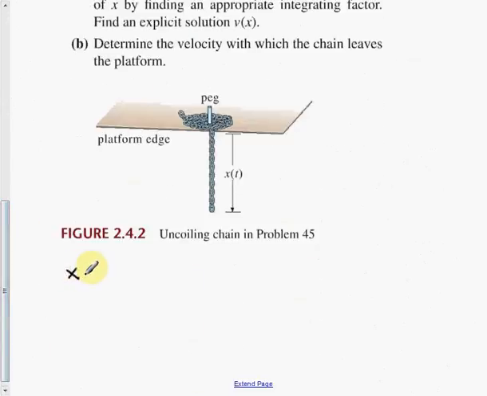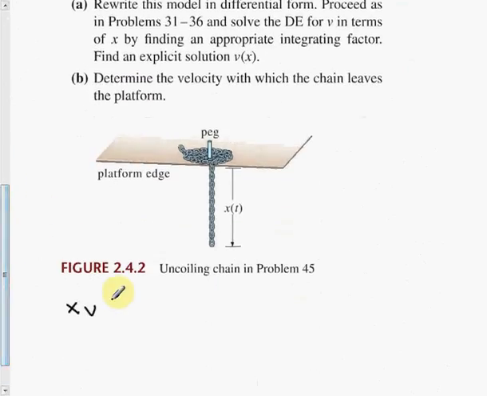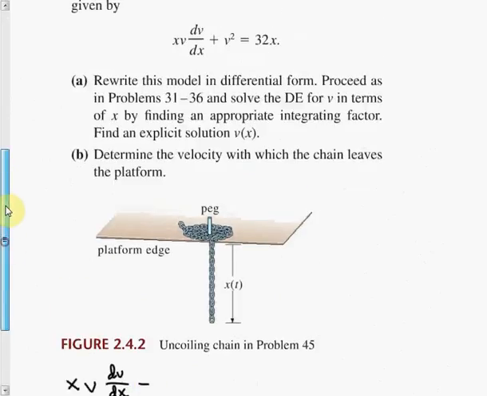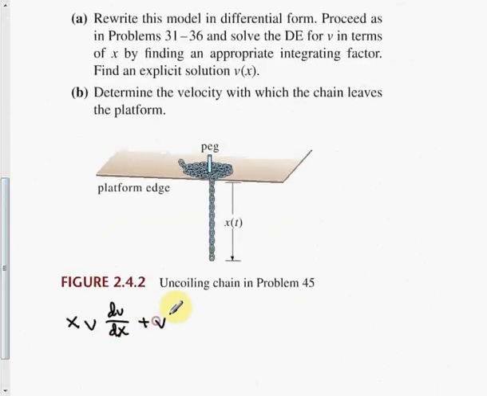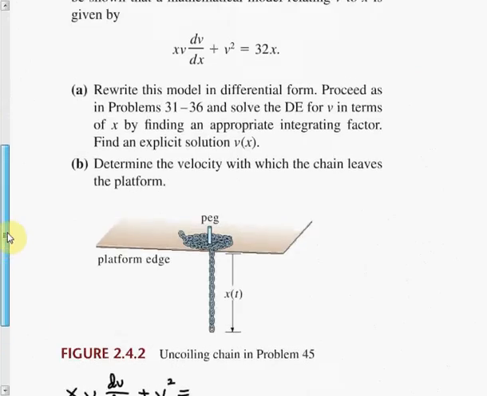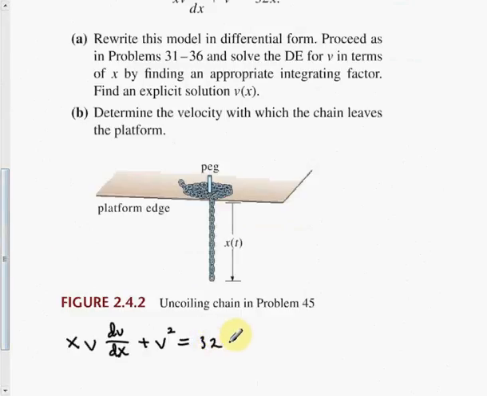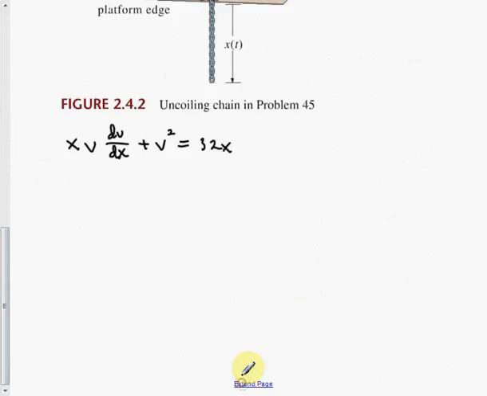This is x, v, dv over dx plus v squared is equal to 32x. Right? So what I'm going to do is to divide everything by that x and by that v, just to get the dv over dx by itself, and then to see if it resembles something that I can work.